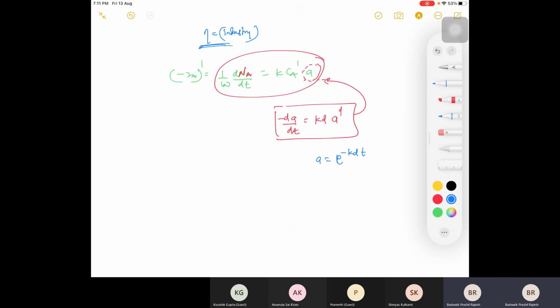But can you see what my second variable is? One is time and second is NA, right? So if you separate, you will have this kind of equation: some function of NA is equal to some function of dt. So you need to convert this NA into CA. And how can you convert this NA into CA?